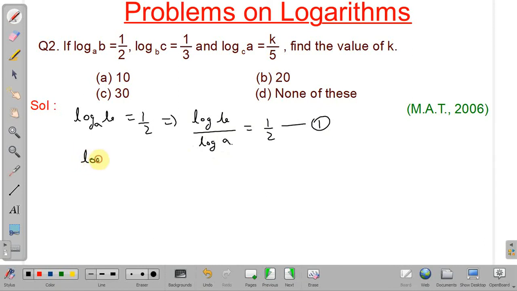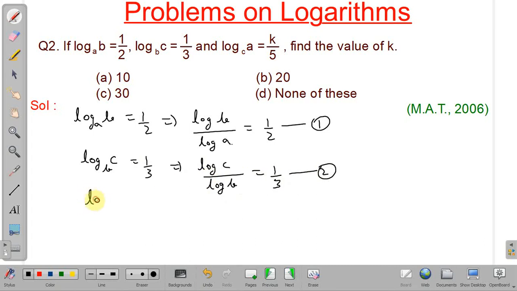Similarly, log of c with base b equal to 1 by 3, and this can also be written as log of c by log of b equal to 1 by 3. This is our equation number 2.